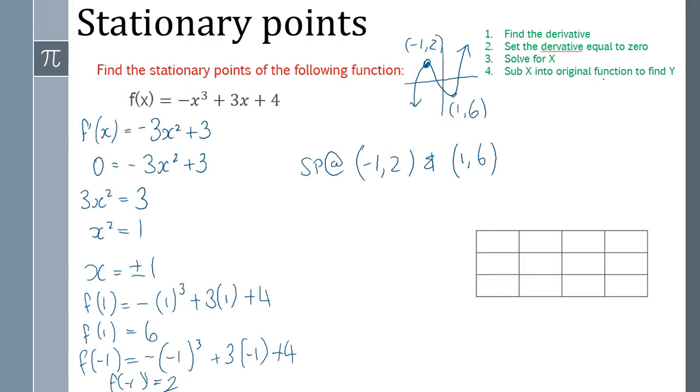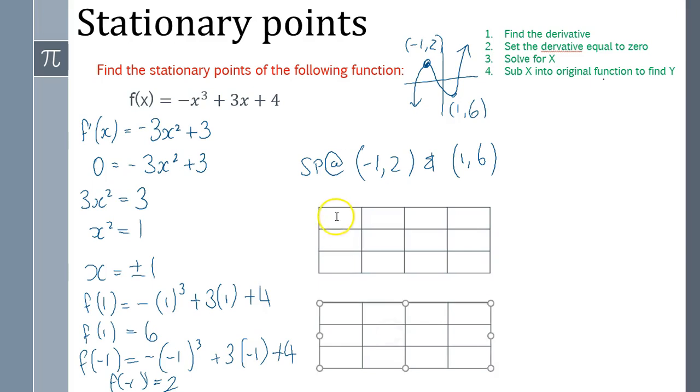Now let me just copy this table. Okay, so x, f dash x, or slope, and shape. So we're going to do one of these for each.